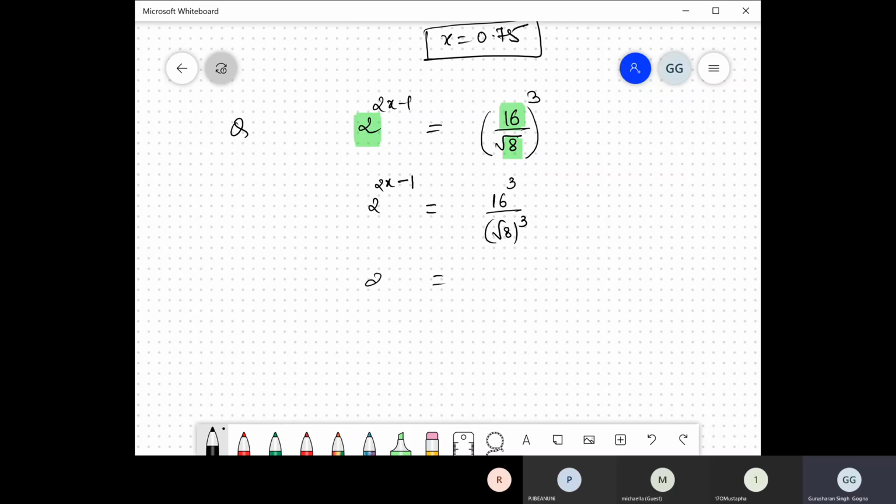Now you have three different bases here, 2, 16, and 8, but you have to make sure that all bases are the same. So obviously it's easier to convert 16 and 8 into 2. What is 16? 16 means 2 to the power 4. And then you keep power 3 as it is. Root 8: first of all, root 8 means 8 to the power half, isn't it?